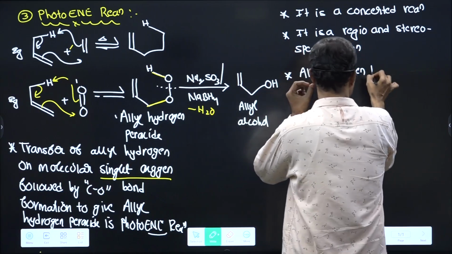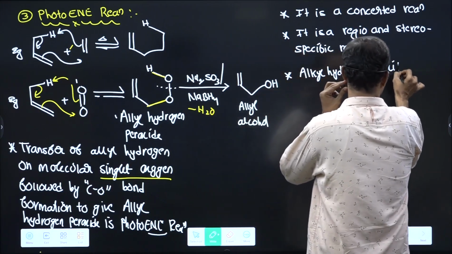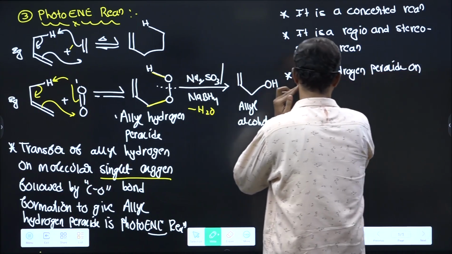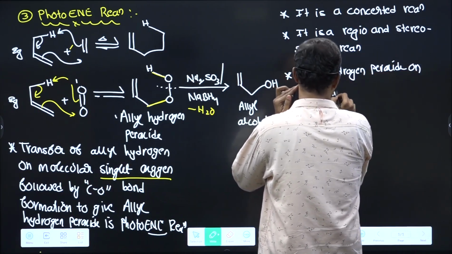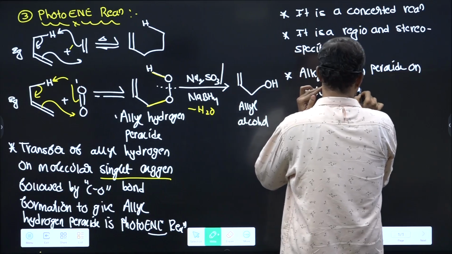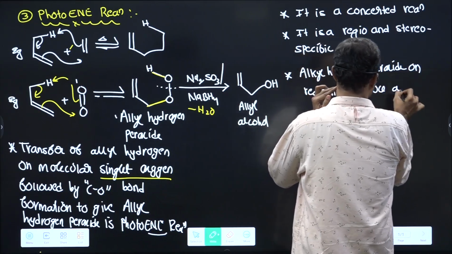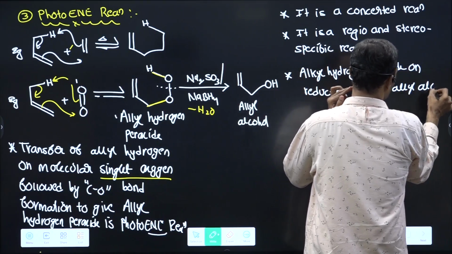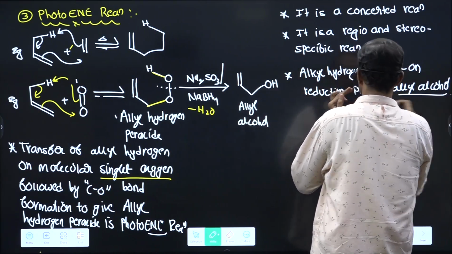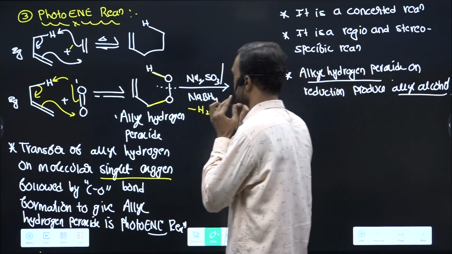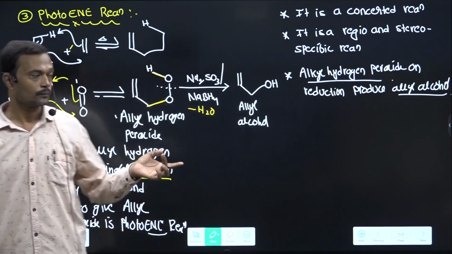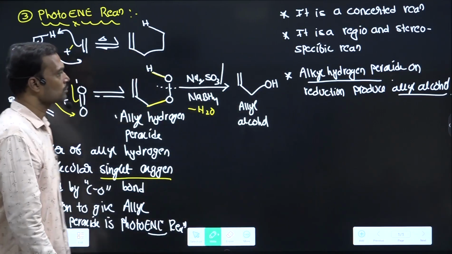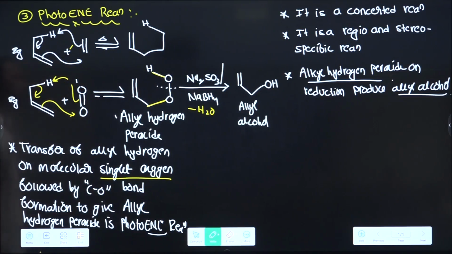Alkyl hydrogen peroxide on reduction produces allyl alcohol. It is a very important one. Remember, this point I am writing separately because it is asked in exams. This step they are asking. It is a concerted reaction, a regio and stereo specific reaction.